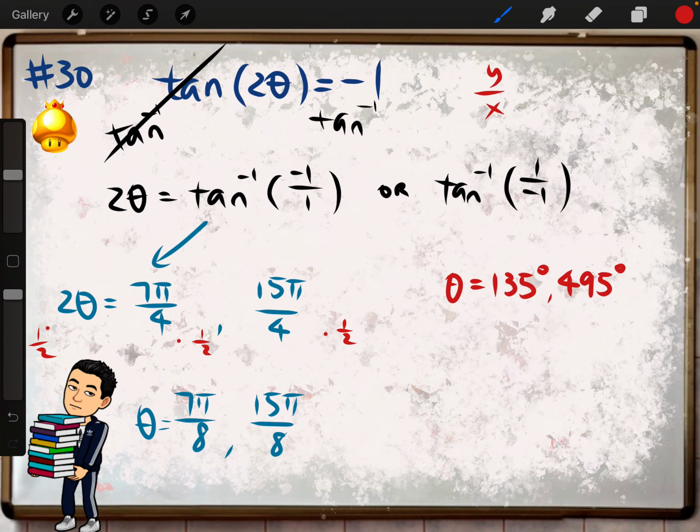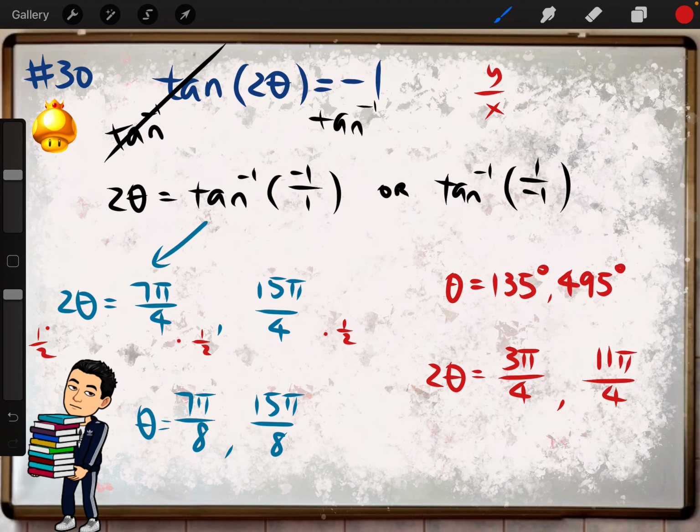Now we're going to be working with the one with 135 and 495. So we know that 2 theta is equal to 135. I'm going to rewrite that in radians, so 3 pi over 4. 495 in radians is 11 pi over 4.